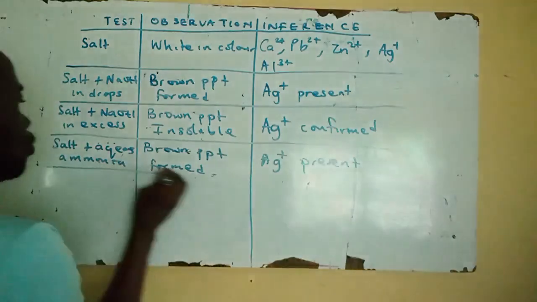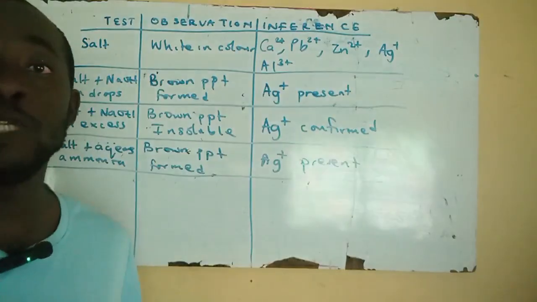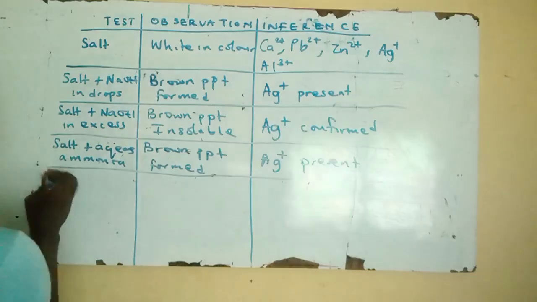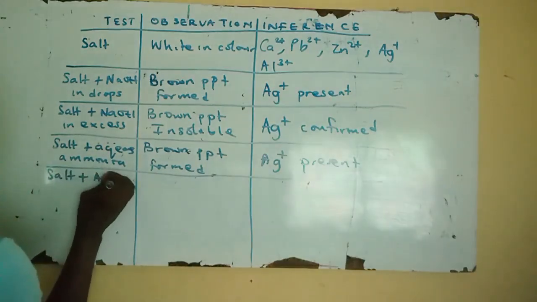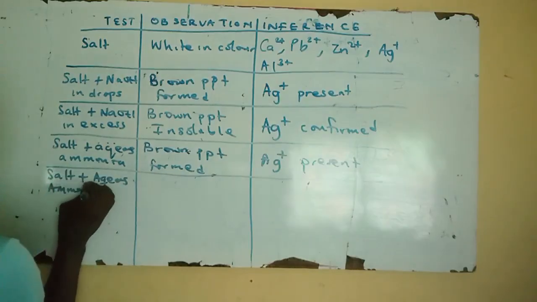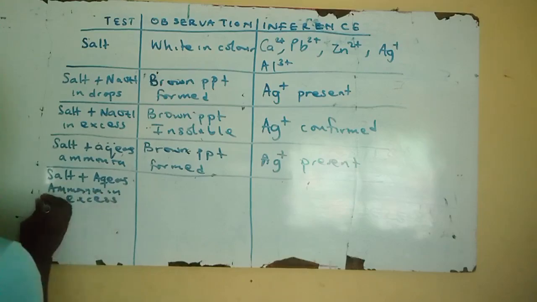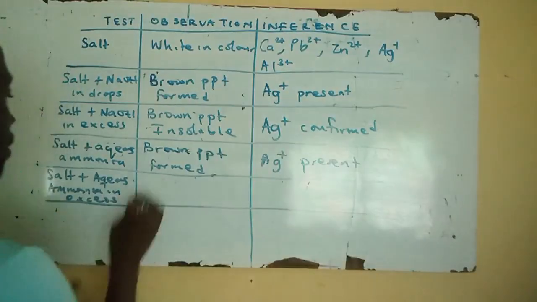Now we are going to add this ammonia in excess. So salt plus aqueous ammonia in excess. Now, what are we going to find?